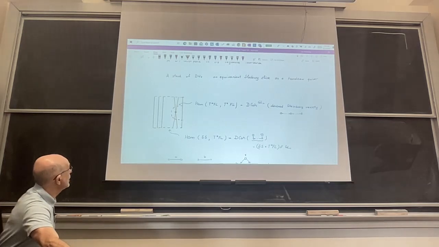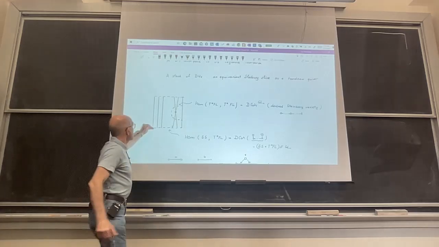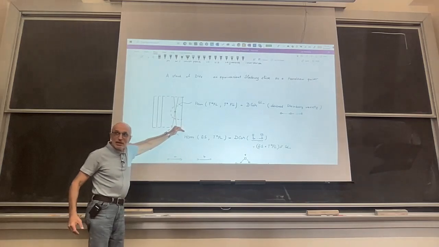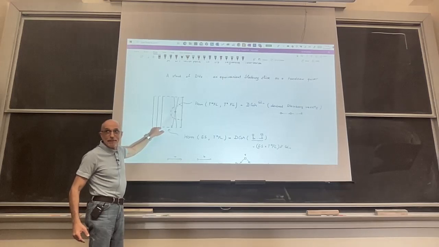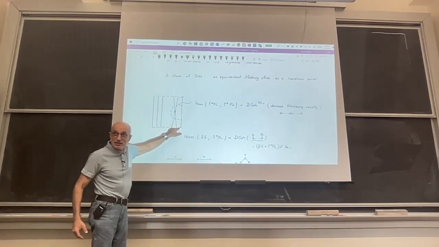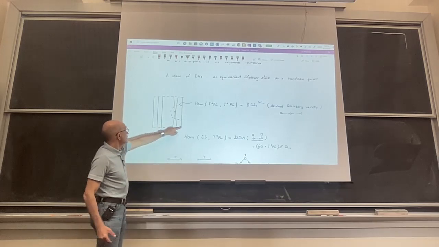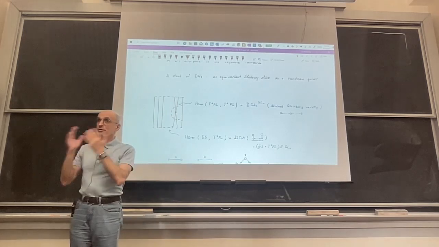So the Bezrukavnikov-Riche happens here. This is the Bezrukavnikov-Riche coherent sheaves on the Steinberg variety, and this is the Nakajima quiver. So she separated it indeed into Slodowy and flags, and she constructed the action from here to here by these functors.